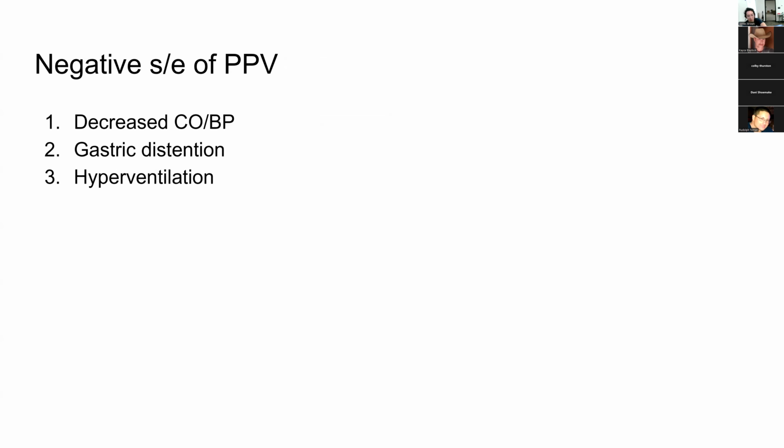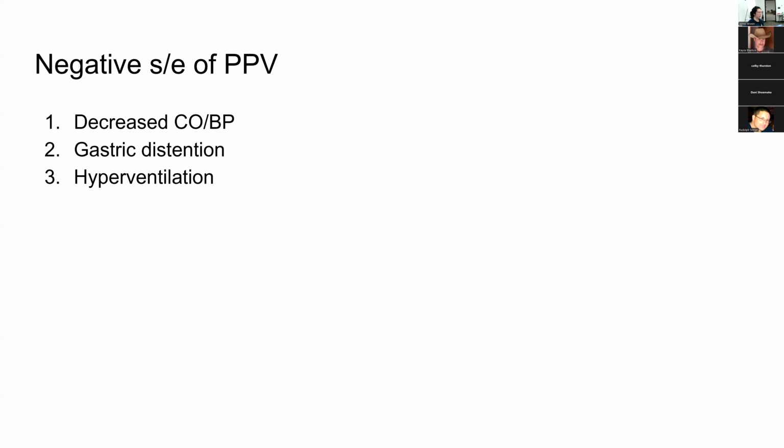All right. So even though we could be doing the best breaths ever, there's still going to be negative effects on our patient. The worse you do this, the more negative these are going to be. The first one, decreased cardiac output and blood pressure. Whenever you give someone extra pressure through their lungs, based on how that pressure system plays between your lungs and your cardiovascular system, you're going to drop their cardiac output and blood pressure.